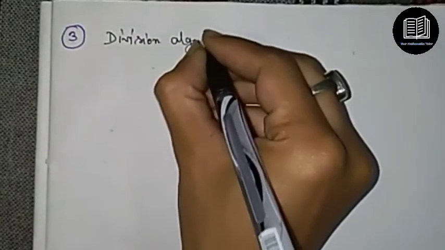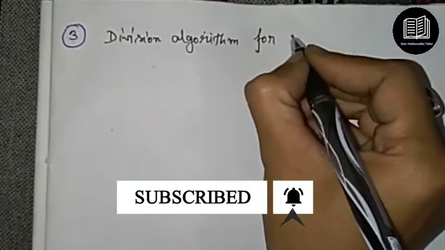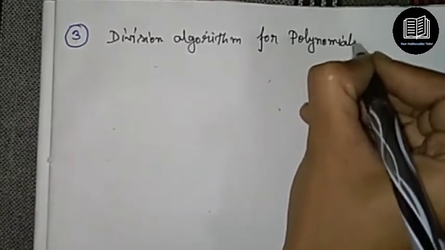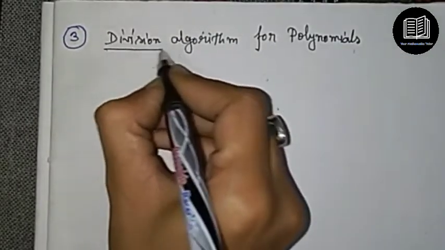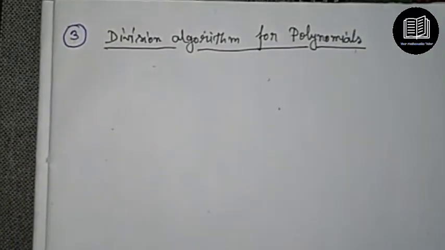Next, see, there is another result which we also have to remember, that is the division algorithm for polynomials. We know the division algorithm.